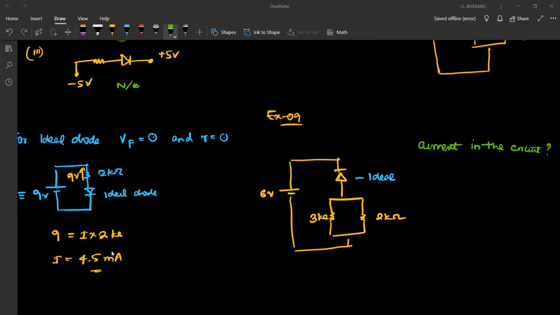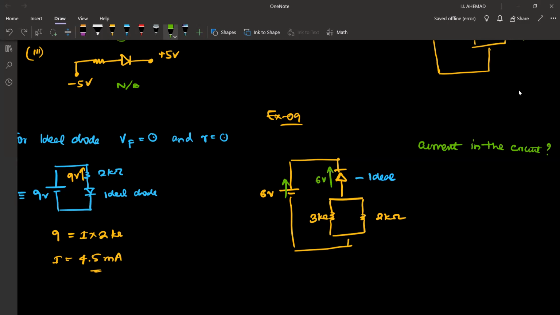It is reverse biased. And will there be a current flow in this circuit? There is no path for the current to flow, right? This 6 volt potential is going to drop entirely across this diode.